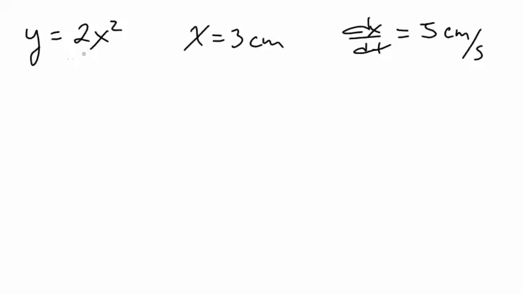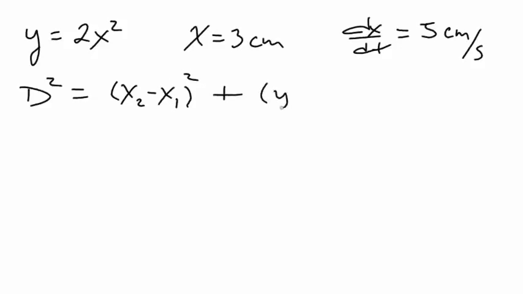Okay, so the first thing we're going to do, step 1, let's just write this out. x of 2 minus x of 1, this is the distance formula, and y of 2 minus y of 1. So we're going to need to know all our ordered pairs first off.